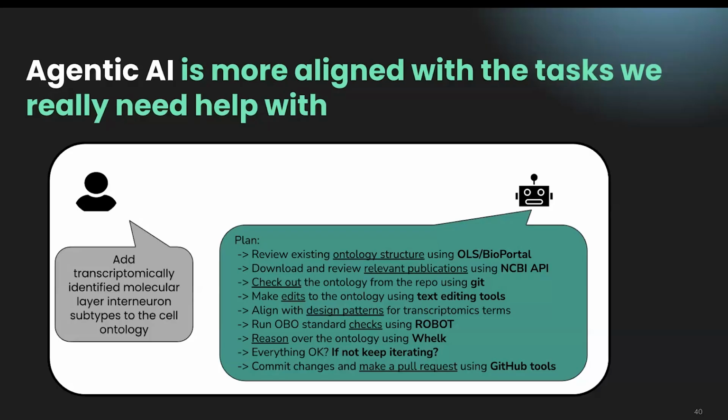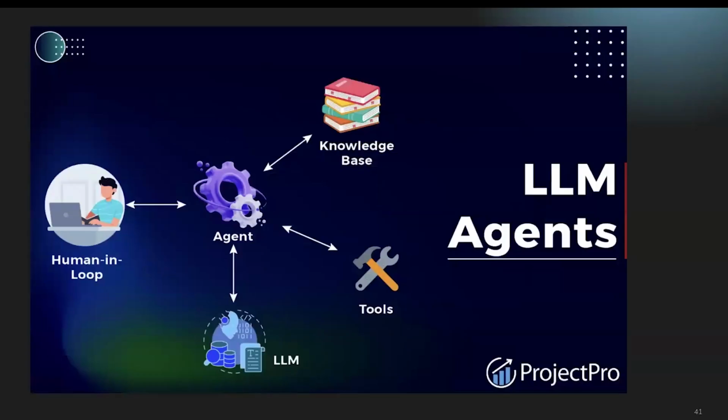So it might have a plan that involves making use of query tools to query the ontology structure either locally or in OLS or BioPortal. The plan might involve doing some research using maybe NCBI EUtils or some kind of publication queries as well. It might also involve using text editing tools and using reasoners, and it can even iterate over these tasks until it thinks it's arrived at a suitable answer.